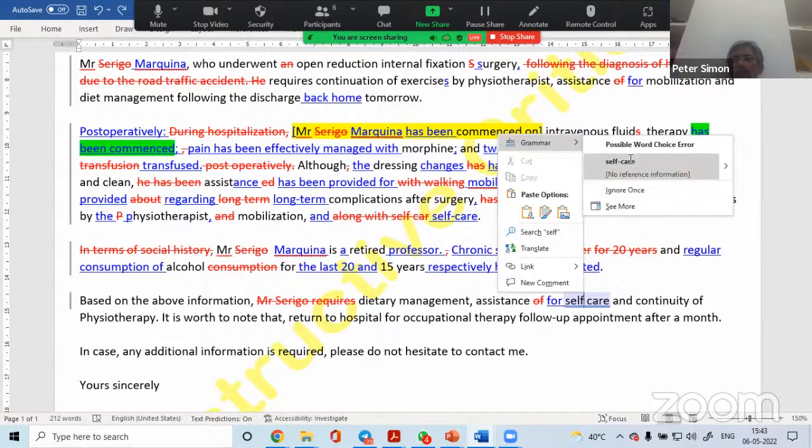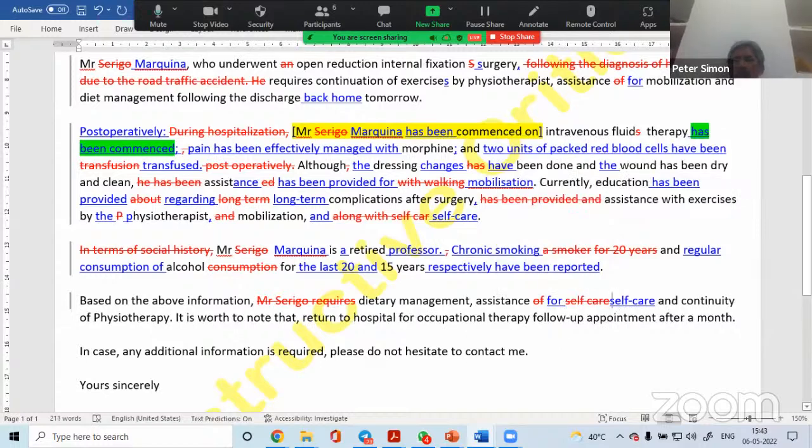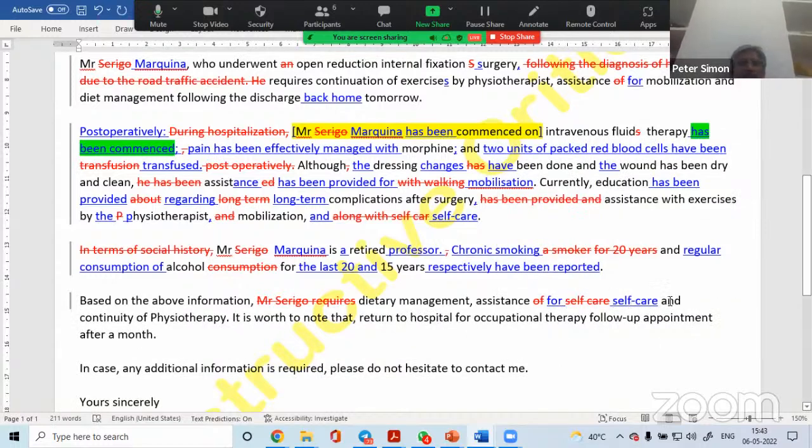Self-care is one word. Assistance for self-care and continuity of physiotherapy. Why a capital P? Why a capital P?